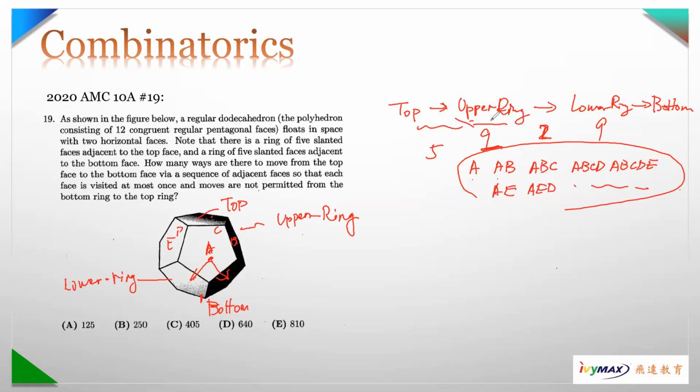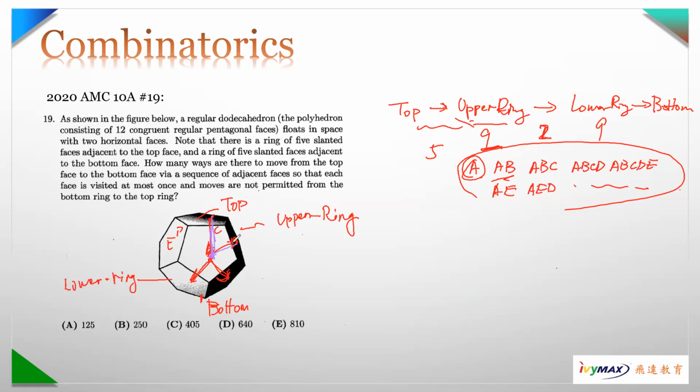So in between the upper ring to the lower ring, just like very basic cases for just stay at A, no wandering. So from top to A, right, you can go either to the left or you can go to the right, right? So you have 2 options. Similarly, let's say AB, I can go from top to A, and then I move to B. Okay, just a better change to another color.